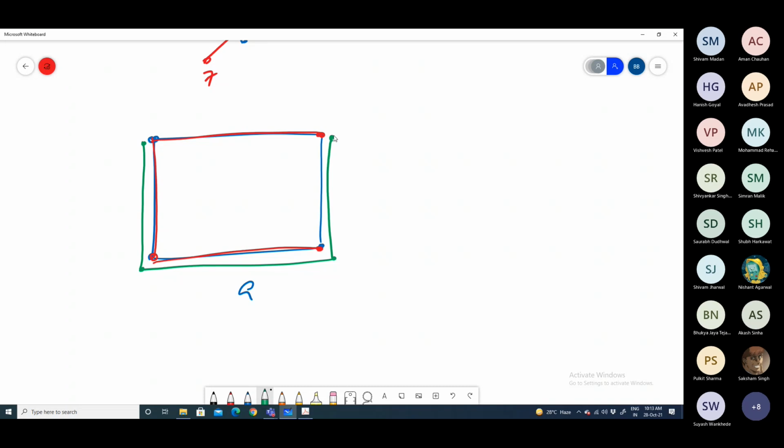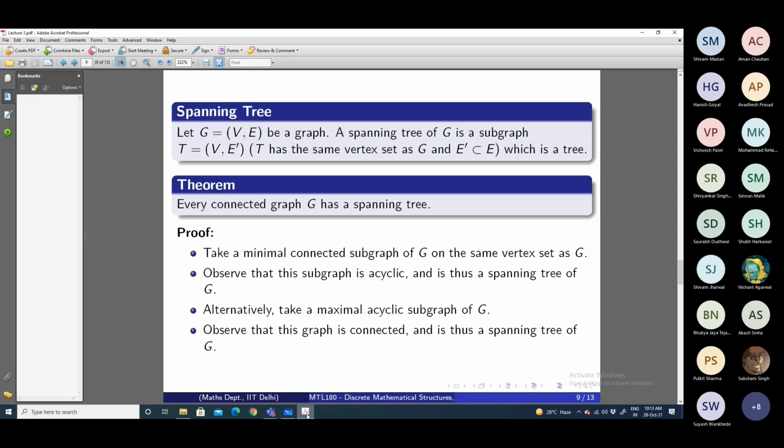There are many ways to get a spanning tree. Suppose you have a graph. If that graph has no cycle, then you already have a tree. And if the graph has a cycle, then we can remove one edge from that cycle, and after a finite number of steps you will get a tree. That is called a spanning tree.